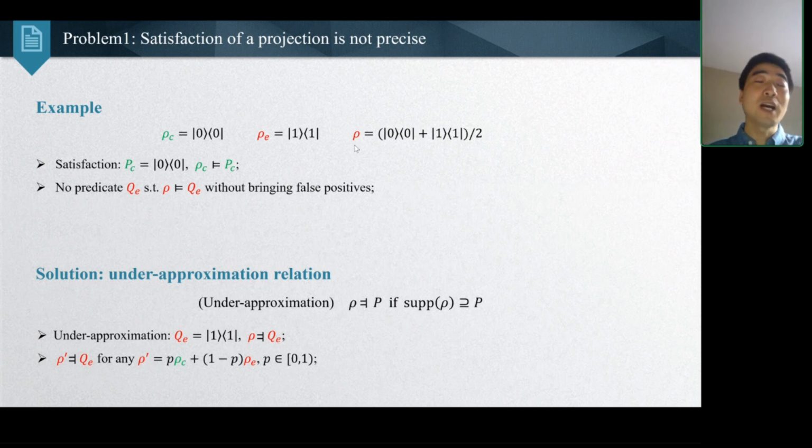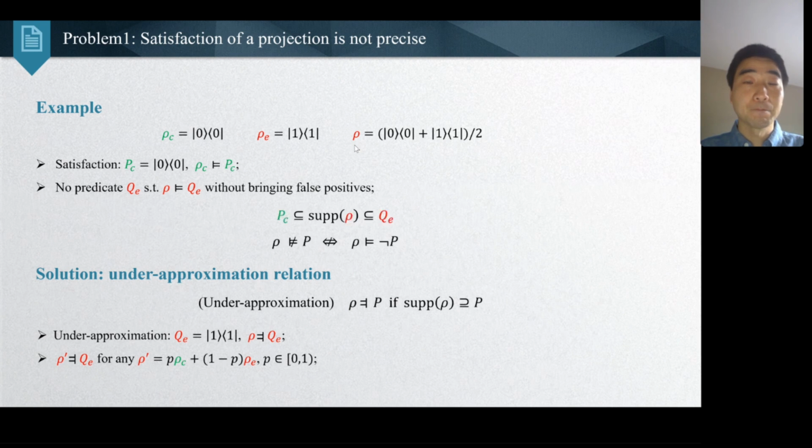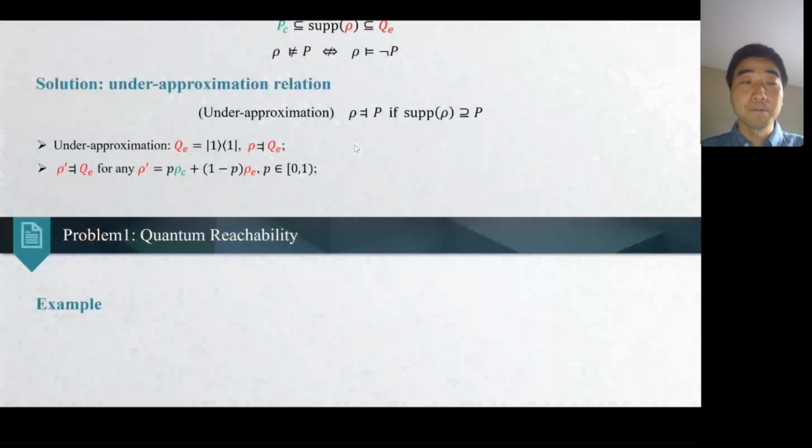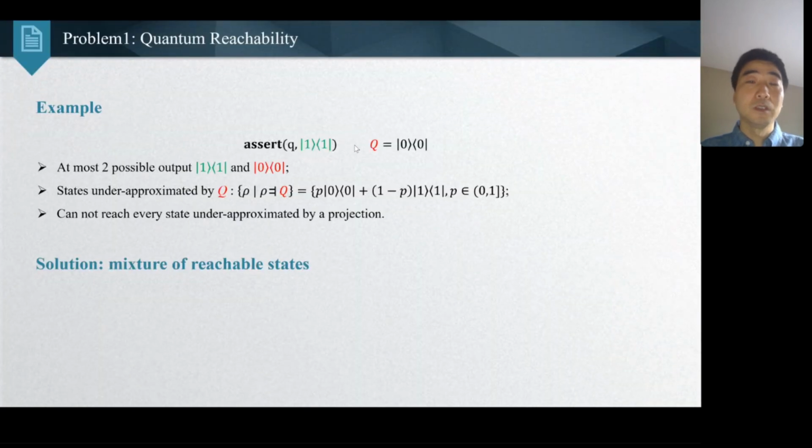such that rho satisfies QE without bringing false positive. So the solution is we provide an under approximation relation. So we say like this: rho is bigger than P in the sense that the support of rho contains P. We have further examples: we assert Q is 1.